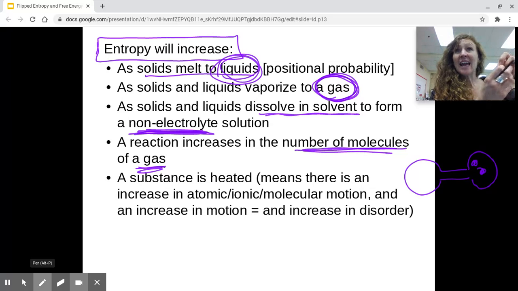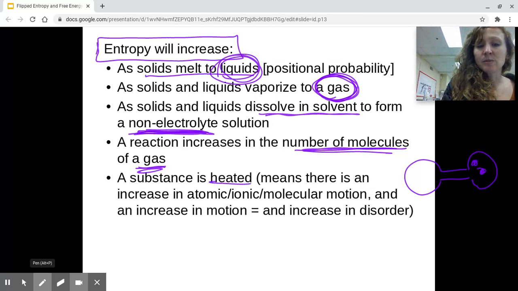So there's 8 total positions, so 7 other positions possible for those molecules to not all be located on the left side. So every time you have an increase in the number of gas molecules, the positional probability expands, and there are more possible ways for that gas to be disordered versus ordered. So anytime you have an increase in the number of molecules of gas, entropy is going to increase.